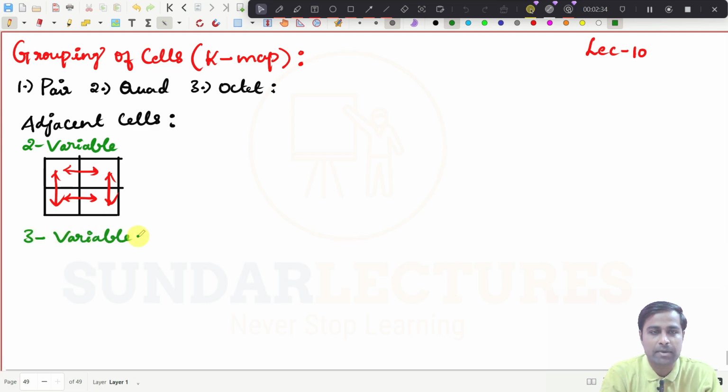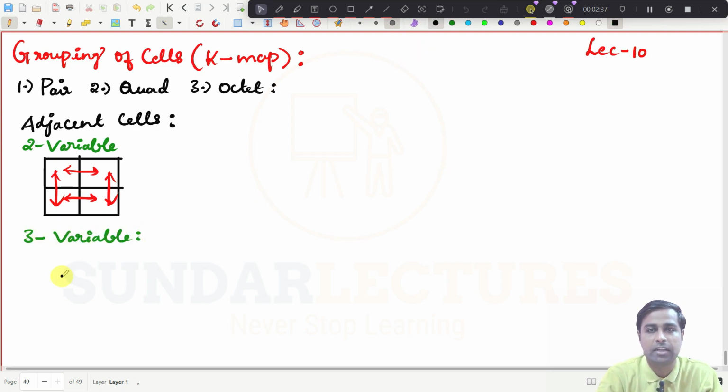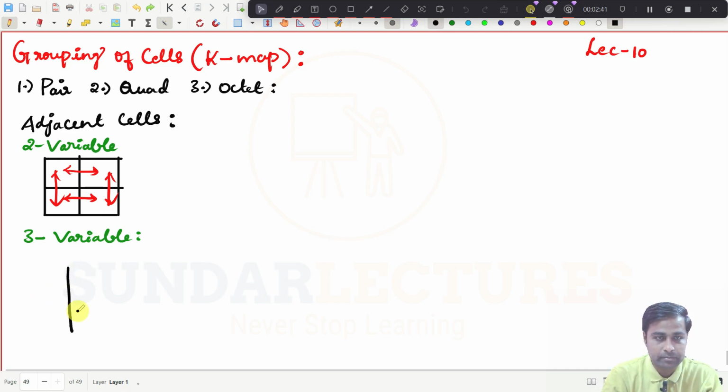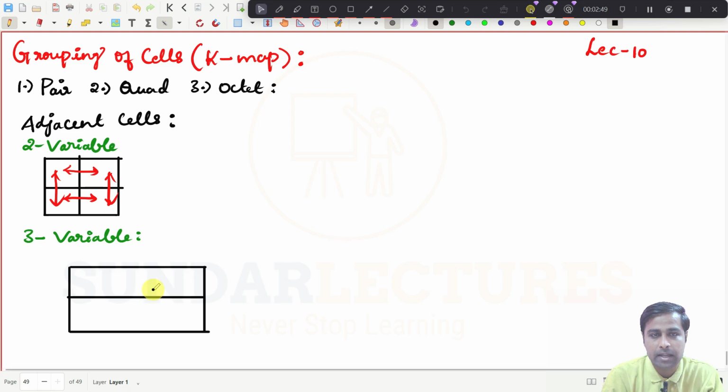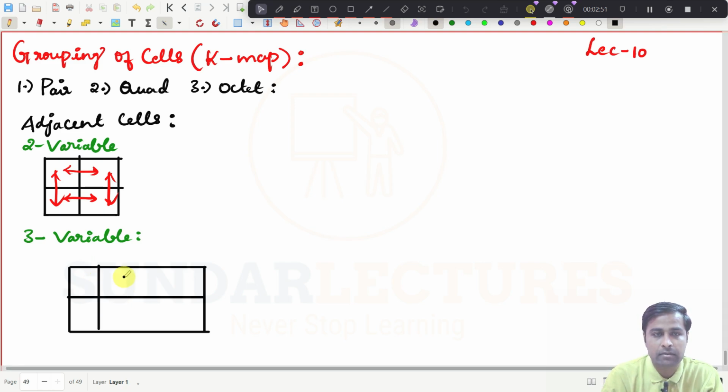And if you take three variable, maybe I will write here three variable K map. We have seen it already. 8 combinations will be there, like this. I'm not writing A, B, C here, right?